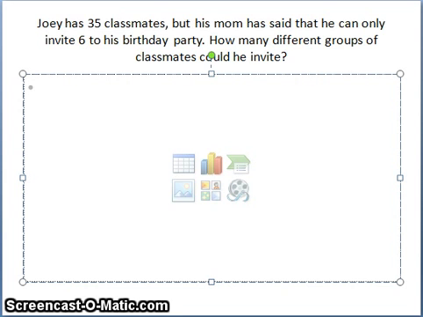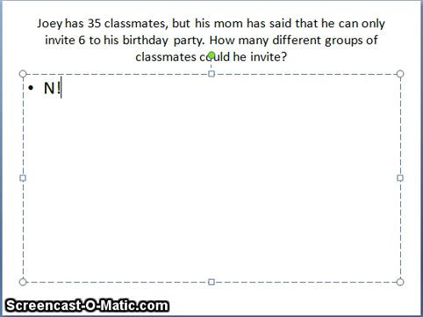So we can use that formula: n factorial, divided by r factorial times n minus r factorial. That's all on the bottom there.